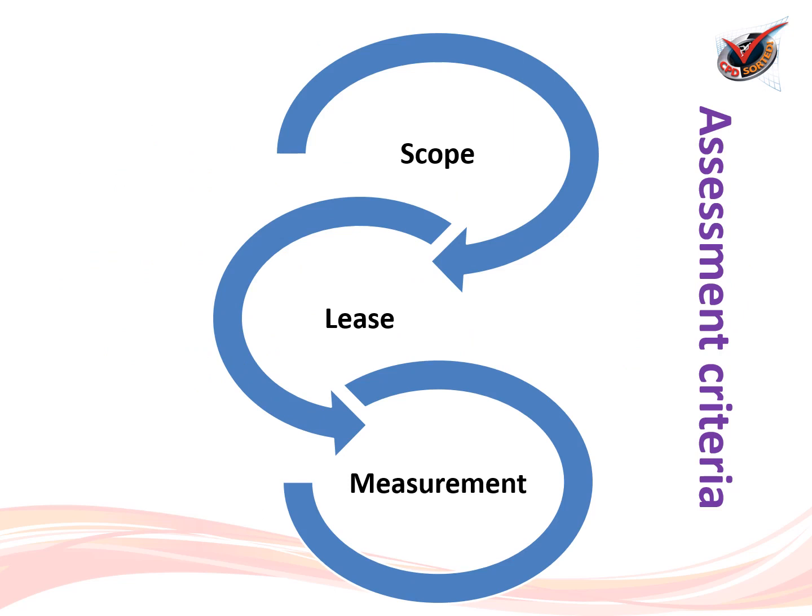In larger entities, management would generally issue formalized assessment criteria to establish how leases would be evaluated, how contracts should be evaluated to determine whether or not a lease is present.